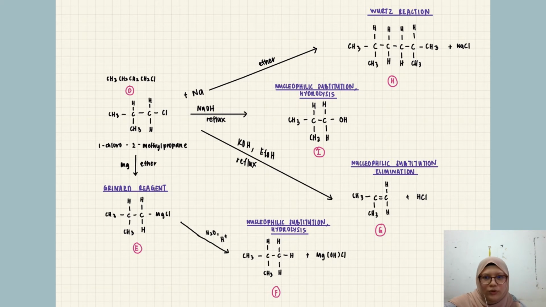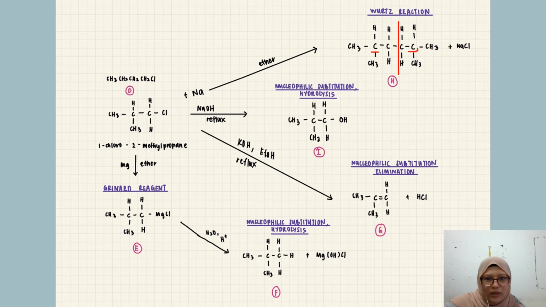So when we draw structure H, we must make sure that it has 2 tertiary carbons. Basically the first tertiary carbon is here and the second tertiary carbon is here. So basically this is a symmetric alkane.